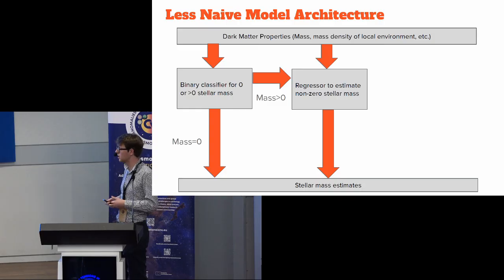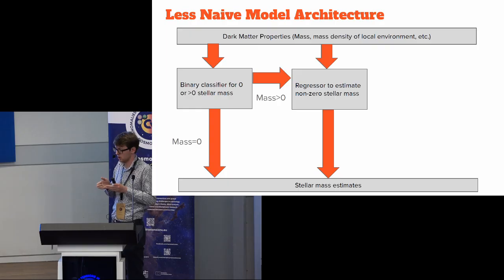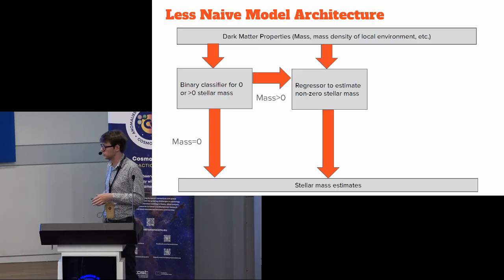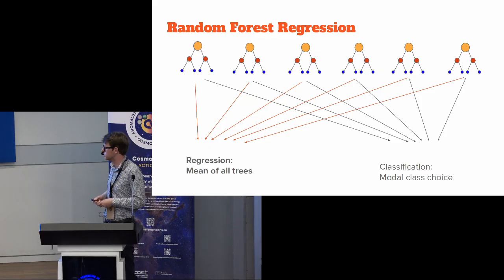And this is better, but there's still another small issue, because this is good for the individual estimates, but the bulk distributions will have an issue, because what we're doing, as you recall, is taking the mean of all those trees.